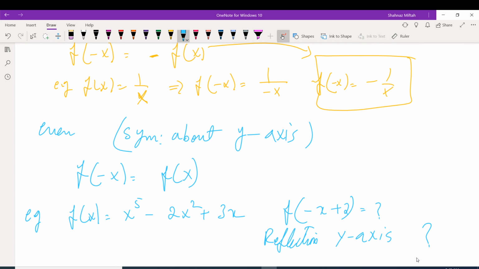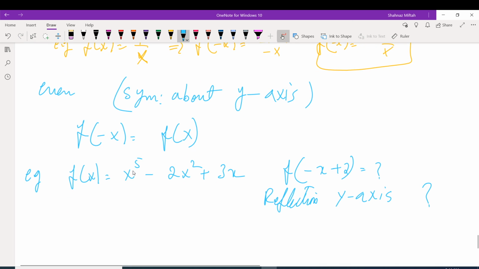That's what they're asking. I don't know. The easiest way to do it, I'm going to graph this on Desmos, and I'm going to plug in negative x plus 2 up here, and graph that too. And we'll see if it's a reflection across the y-axis or across the x-axis. We don't know that. So one of my functions is this.